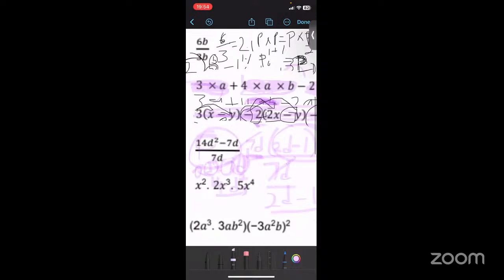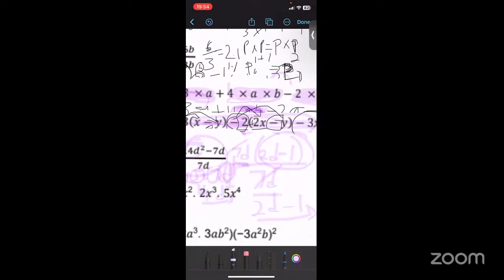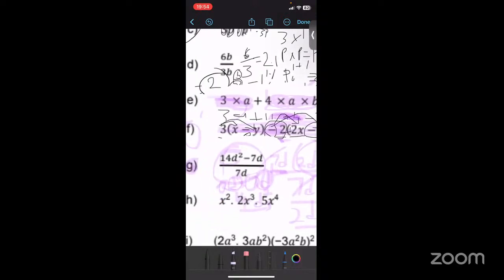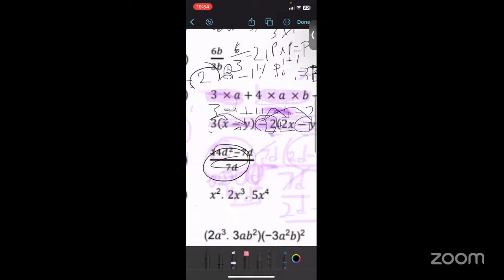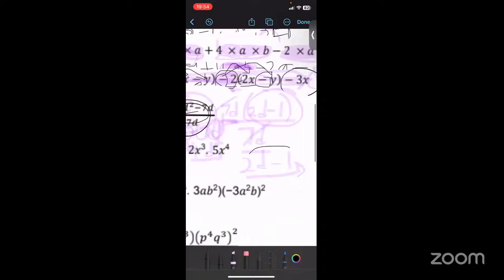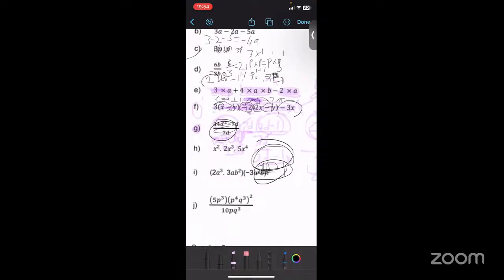So if you choose your D to be a 2, everywhere you see D, you replace it with 2, and it must give you the same answer as this one when you are substituting with the 2 here, like this. Is that clear? Yes, ma'am.